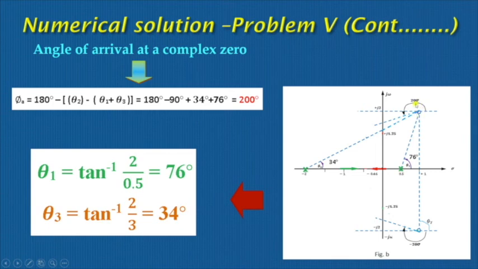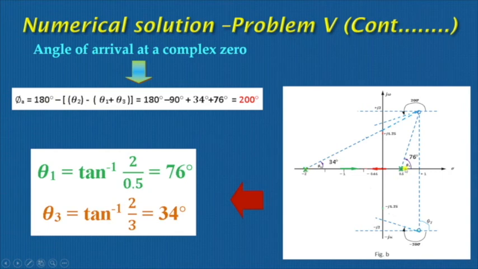So if we consider this as the test point, then this zero is connected to the other zeros and poles by straight lines. Then this angle is theta 2, this is theta 1 and this is theta 3. So theta 2 is 90 degrees, so minus 90 degrees.